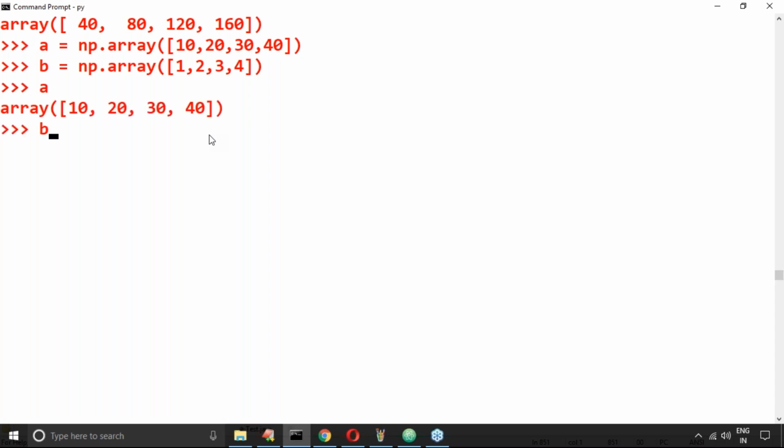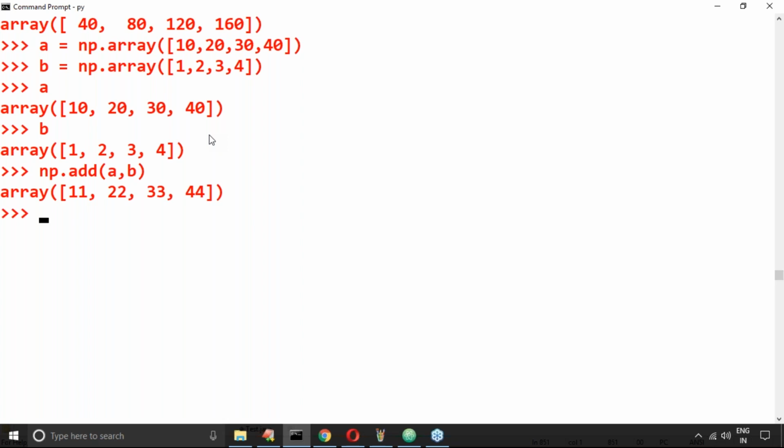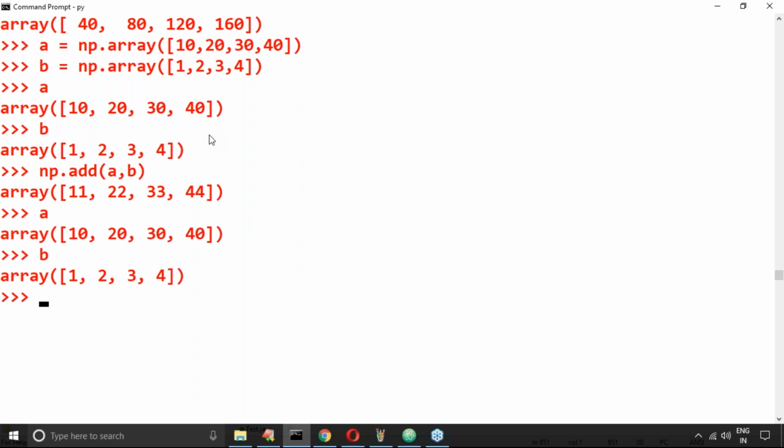A content, B content is okay. np.add(a, b) gives 11, 22, 33, 44. Let me print A. A is the same. Let me print B. B is the same.